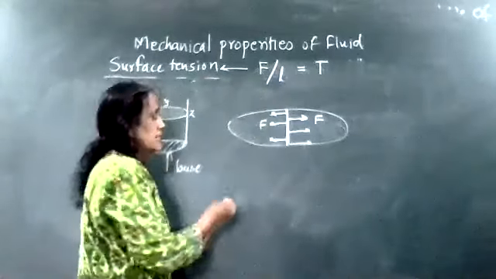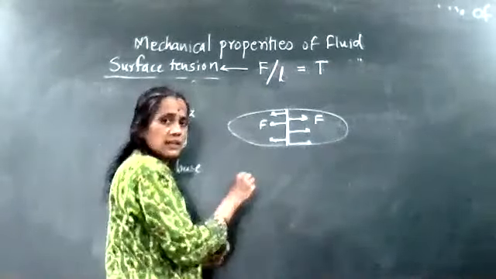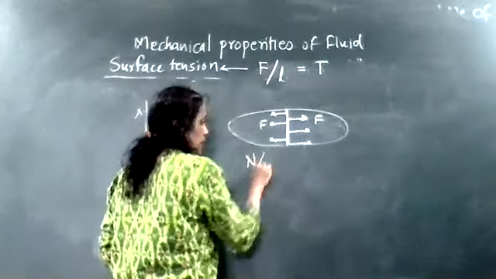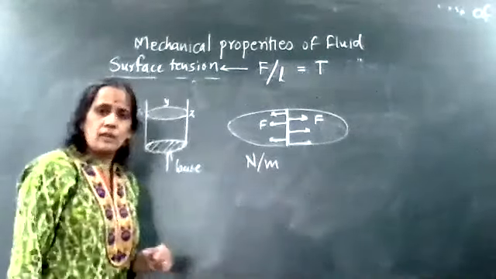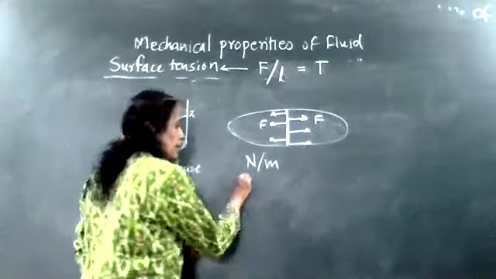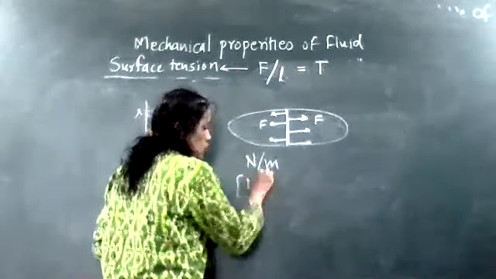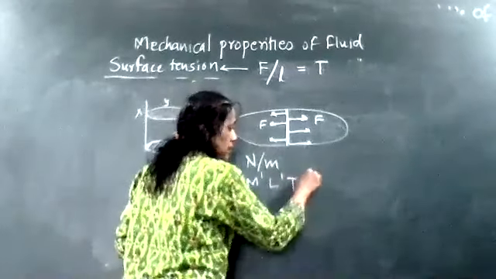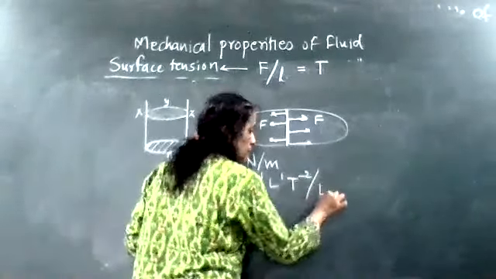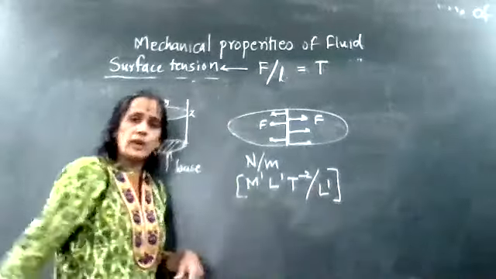Therefore, the unit of surface tension is Newton per meter. Now its dimension. The force dimension is M raised to 1, L raised to 1, T raised to minus 2, divided by length, whose dimension is L raised to 1.